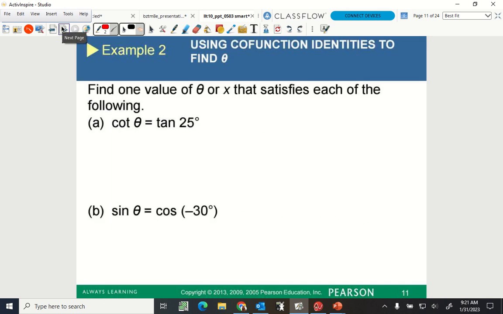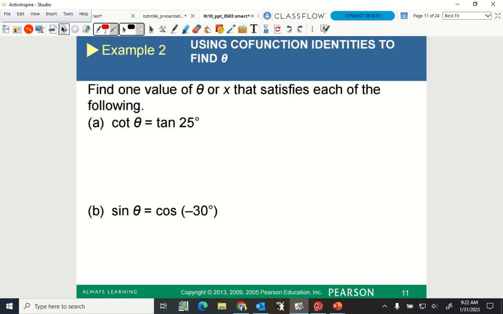Find one value of theta or x that satisfies each of the following. Okay. So theta is my unknown value, right? So together, theta, whatever this is, and 25, because they're cofunctions, have to add up to what number? 90.